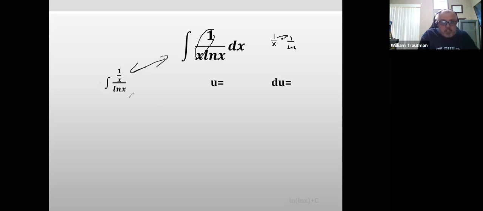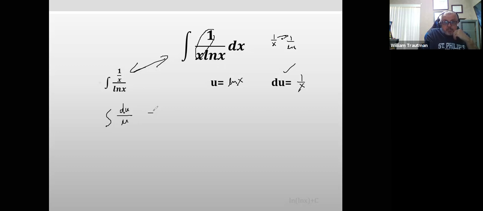That's kind of important. So if we go back to our u's and our du's, let's call u the natural log of x. And we know the derivative of the natural log of x is 1 over x. So what we have here, I call this bottom u. And look, the derivative of u is 1 over x du. So we're done. There's nothing extra to add.